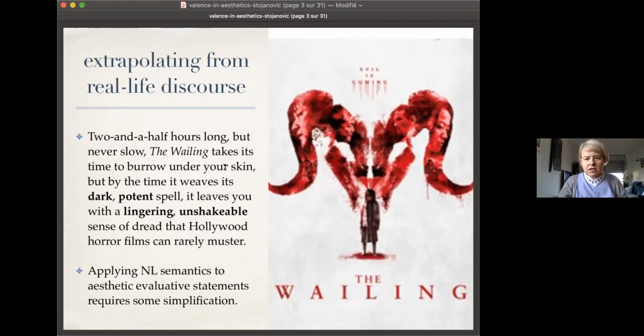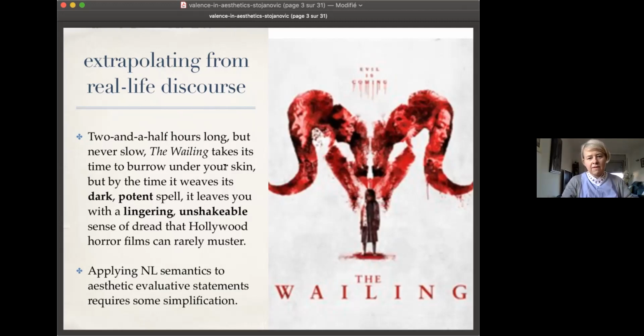So in the rest of the talk, we will often be looking at simpler sentences involving only subject and predicate, in a simple way, without looking at all the possible complexities that you can use in aesthetic value judgments. In evaluations, people often use metaphors and things like that. None of that is going to be addressed in this talk. But this is quite customary, so that you can start tackling the linguistic features of evaluative language.